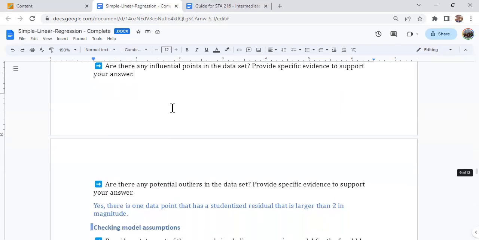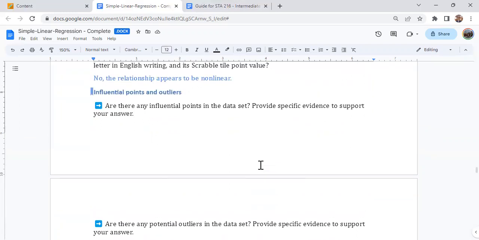Okay, so pretty much we're just looking, does any point have a studentized residual larger than 2 in magnitude? And so outliers, in my opinion, are less problematic than influential points. And these are commonly mixed up.